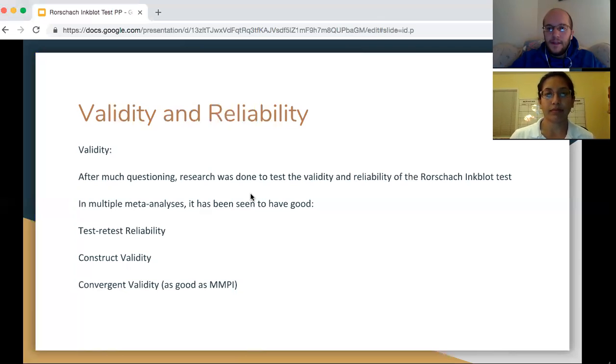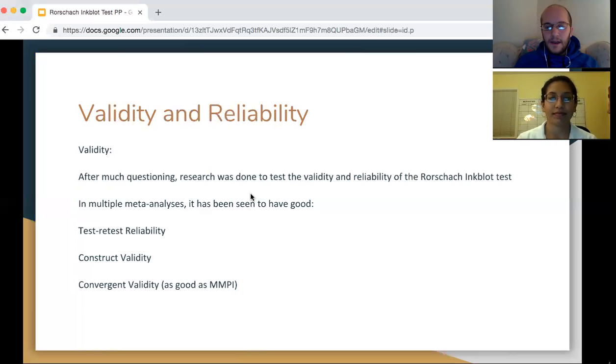That means that if an individual retook the Inkblot test again, his results would be the same. Also, the construct validity of the test has been shown to be really good, and the convergent validity as well.